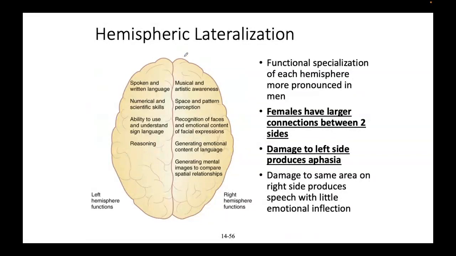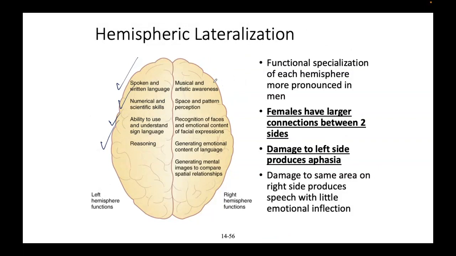But this concept of hemispheric lateralization, we know that the left brain may be more biased in terms of dealing with language, numbers, logic, understanding sign language, all left-brained.